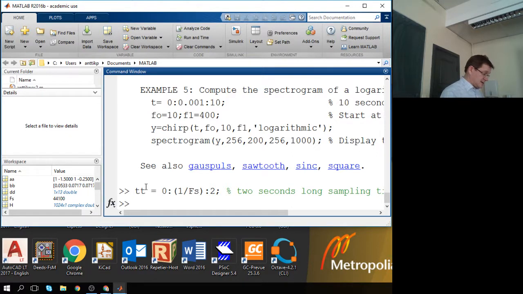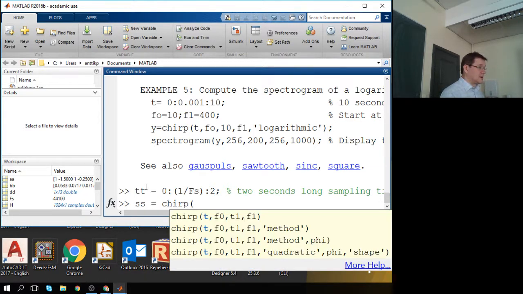And then the signal itself would be S equals chirp, time vector T. We start from 500 Hertz, and then at T1, meaning the end time, that would be 2 seconds, we would have 2 kilohertz.